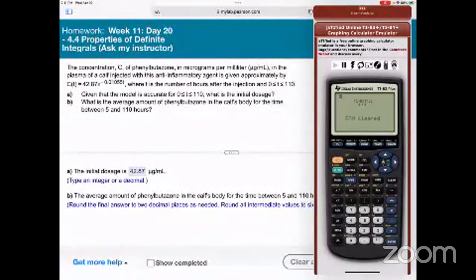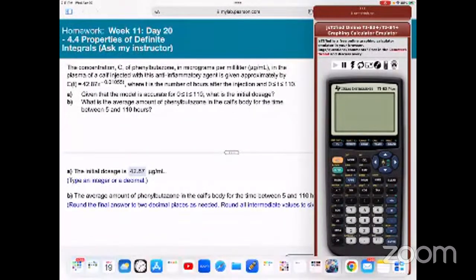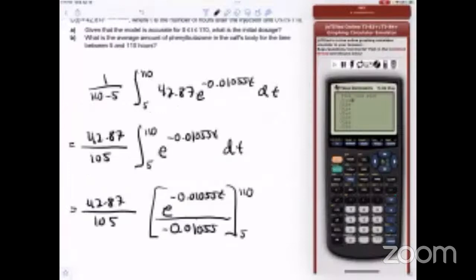Y equals. So I'm going to put e to the power of negative 0.01055x, close parentheses, divided by negative 0.01055.